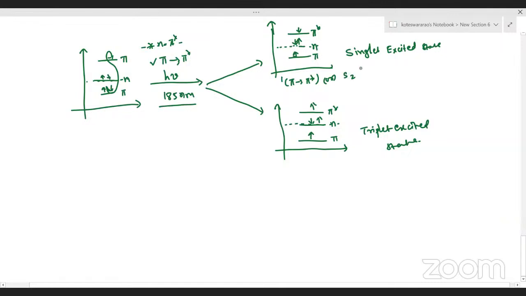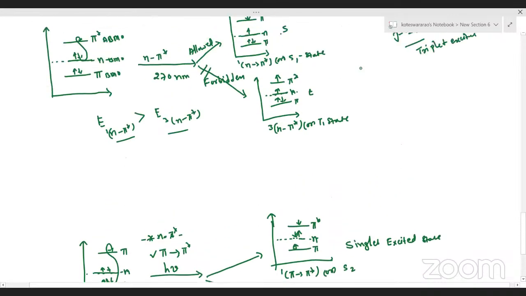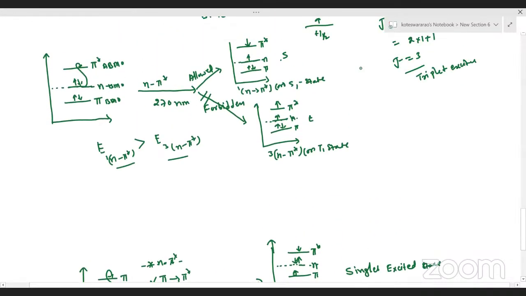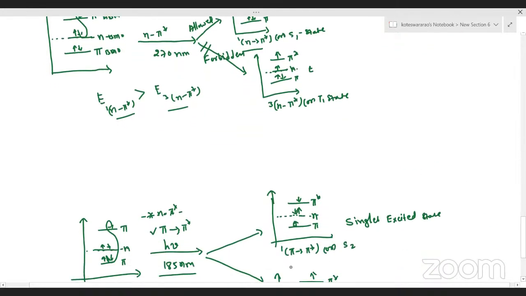I told you previously I would explain what S2 is. S1 is the n to π star electron transition, and S2 is the π to π star transition. Carefully remember that. Now we will represent the states like this.